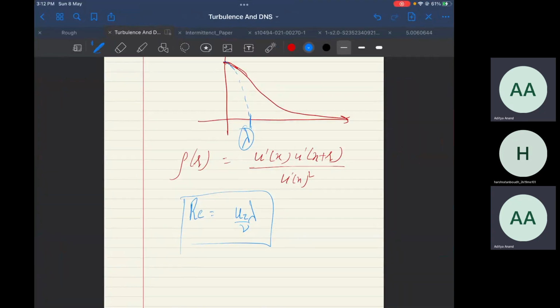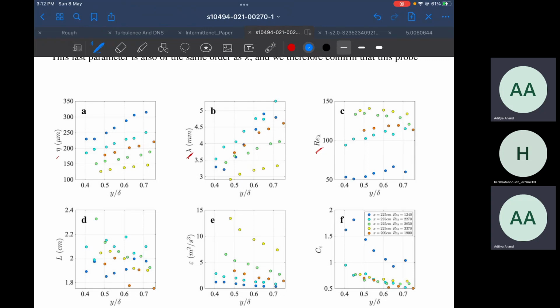Okay. So they have plotted the dependence of Kolmogorov's length scale, Taylor's microscale, the Reynolds number based on that, the integral length scales as well. Okay, the dissipation and the constant that they are trying to look at. They have plotted all of this as a function of wall normal locations.